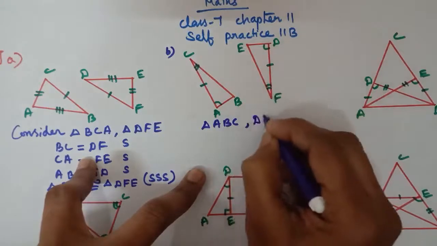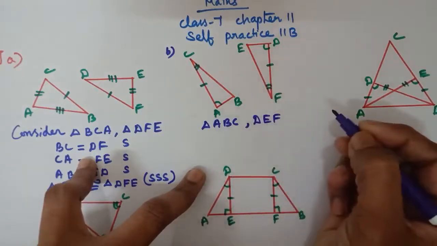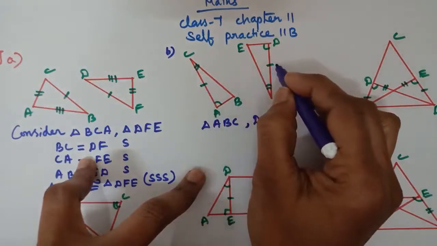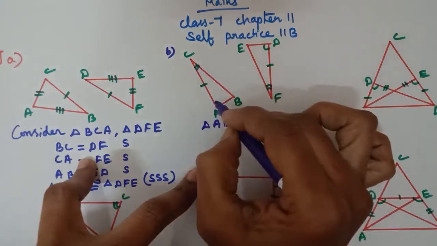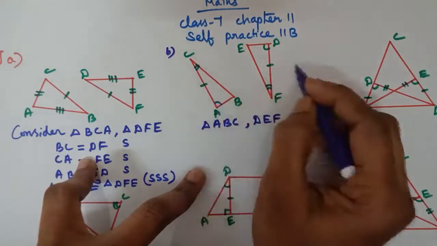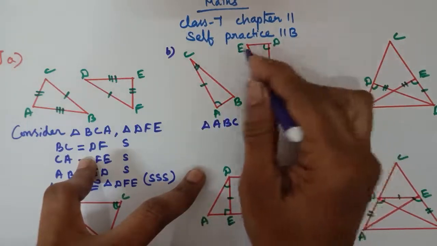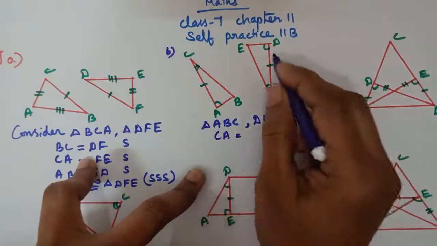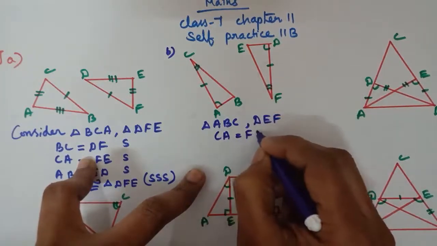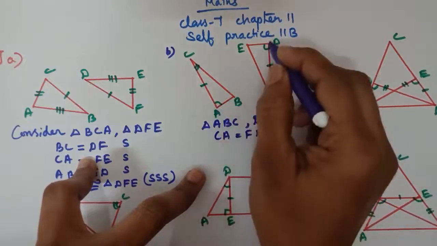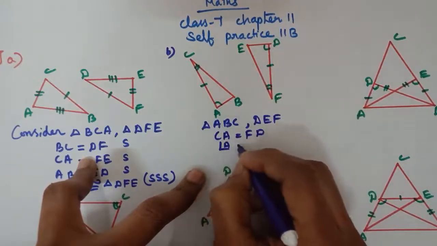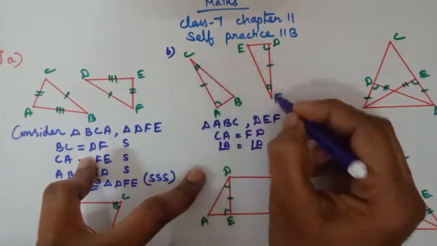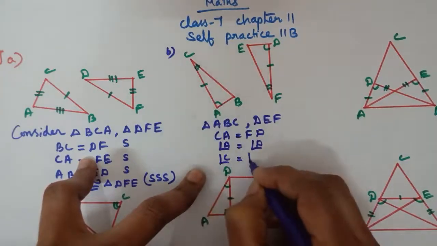Here this side is equal to this side: CA is equal to FD. Then this angle is equal to this angle, so angle A is equal to angle D. This angle is equal to this angle, so angle C is equal to angle F.